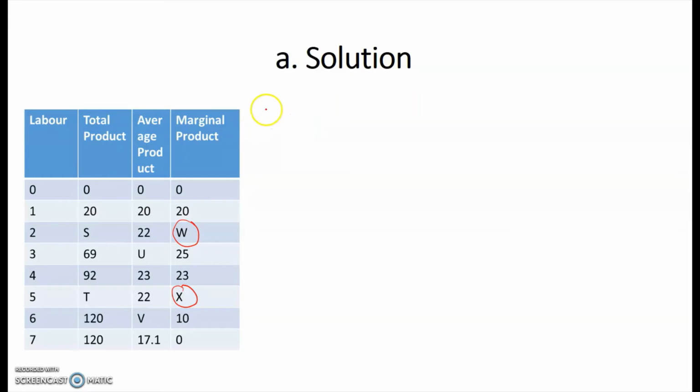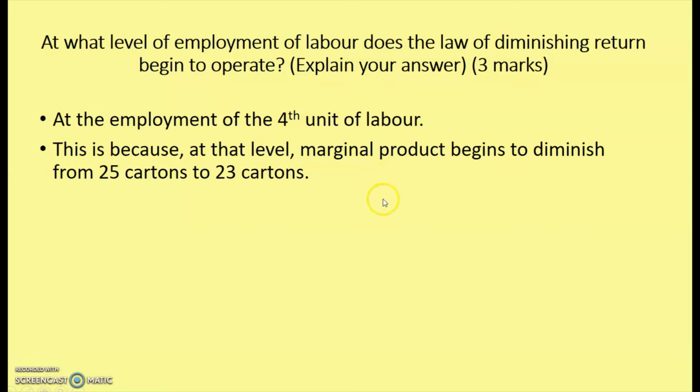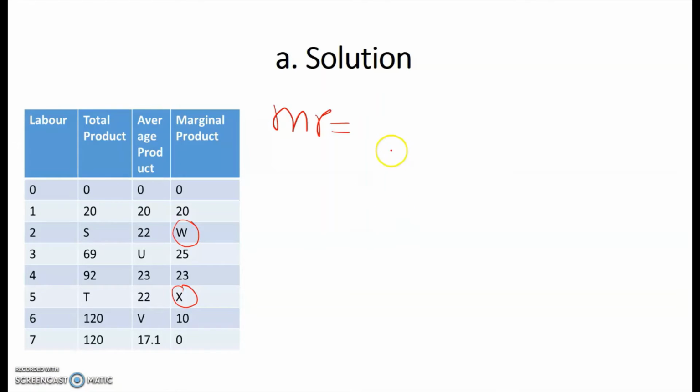Now the marginal product, MP, the formula is, this symbol represents change. So we have change in total product over change in labor.